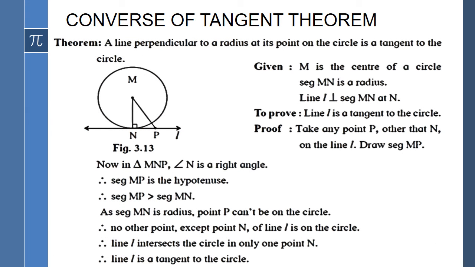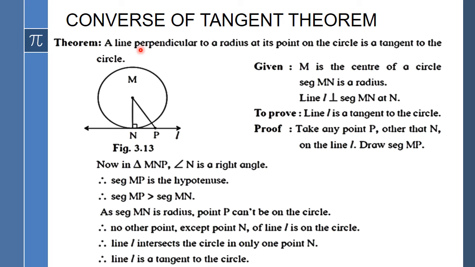Okay, so now let's see the converse of the tangent theorem. Here the statement says a line perpendicular to a radius at its point of contact on the circle is a tangent to the circle.